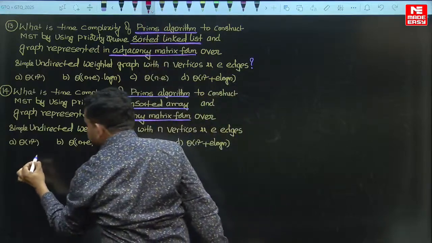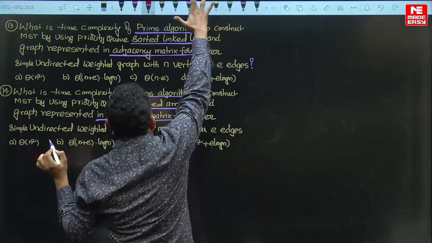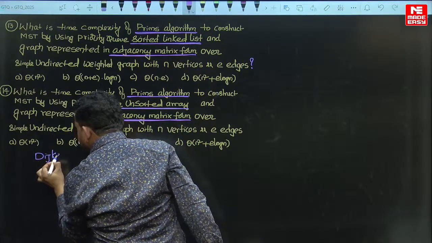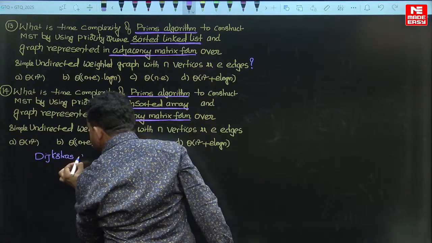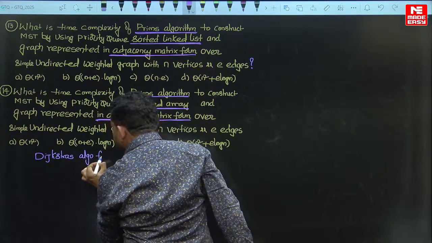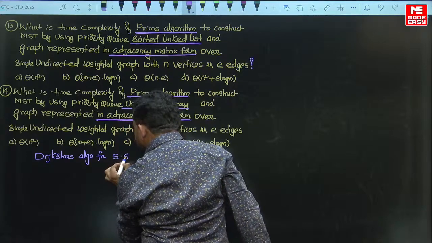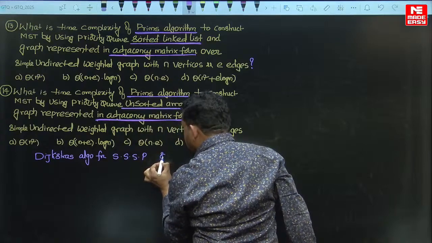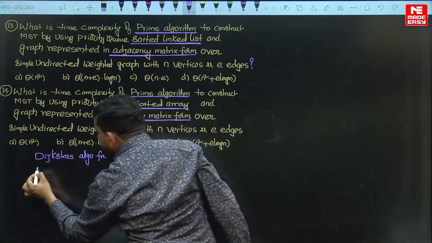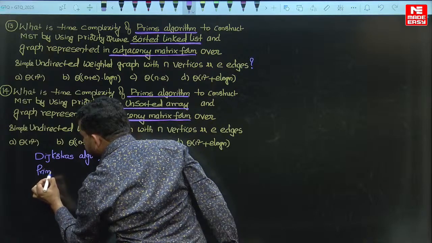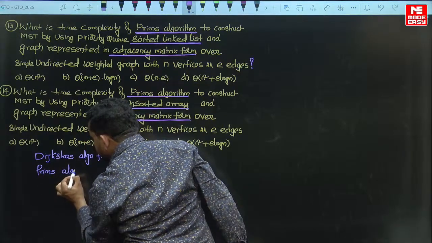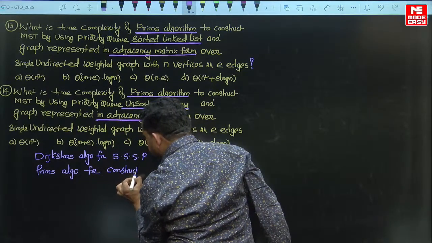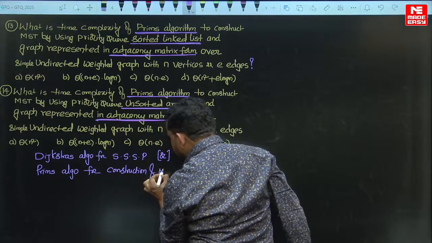Dijkstra's algorithm is for computing single source shortest path, and Prim's algorithm is for constructing the MST, the minimal spanning tree.